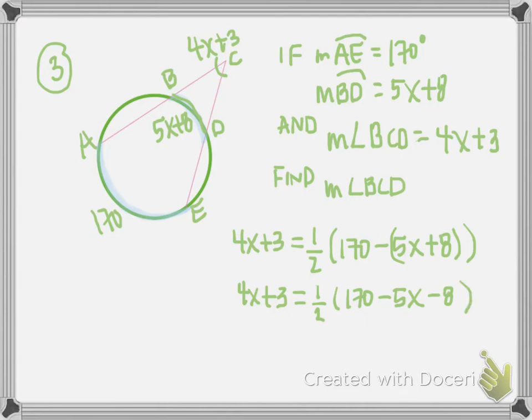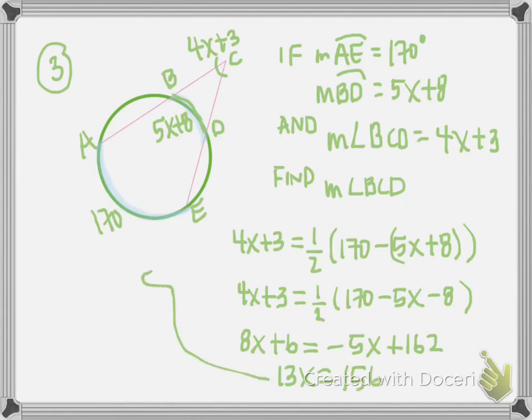So multiply by 2, so that's going to be 8x plus 6 is equal to 162 minus 5x. So add your 5x, so you're going to get 13x. Subtract your 6, so you're going to get 156. So 13x is equal to 156, so divide by 13, so x here is going to be equal to 12.